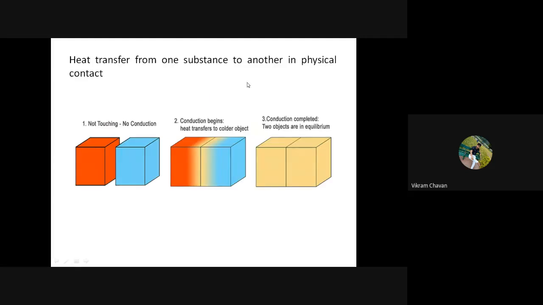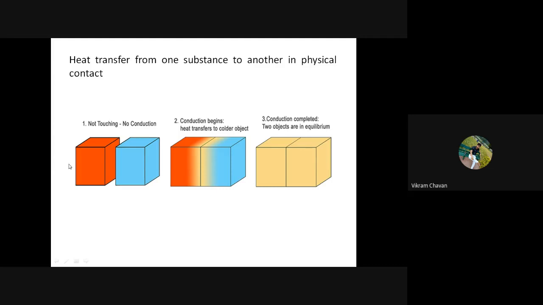Then heat transfer from one substance to another substance which are in physical contact. Consider that there are two substances. The first substance, shaded orange, has a temperature higher than the other substance, shaded blue. Initially they are apart from each other, with no contact.